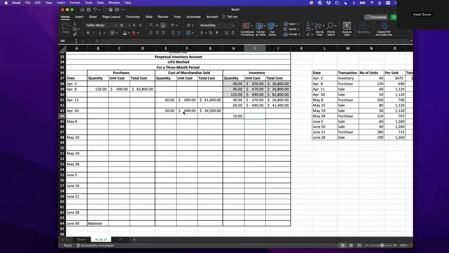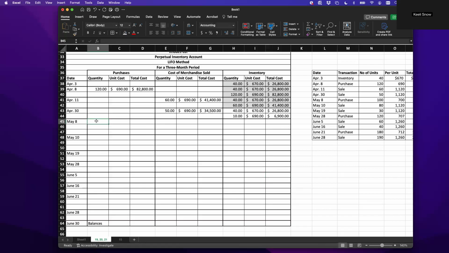That means we have 10 left that cost 690. And we still have all 40 of the ones that cost us 670. And we can gray these out or pretend they don't exist, however you want to deal with those. So we have 40 that cost 670, 10 that cost 690.